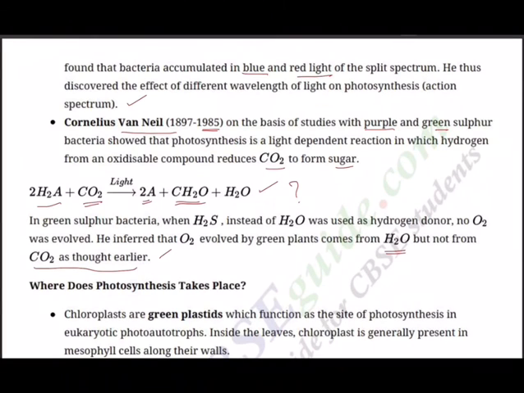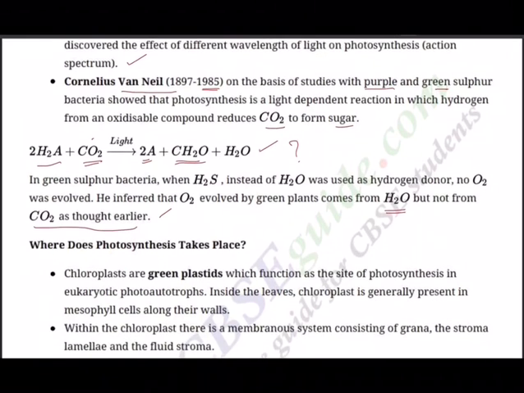So the discussion was going on. Now this experiment of Van Niel proved beyond doubt that oxygen gets released only due to splitting of water and not because of CO2. Hence, this experiment with bacteria has proved that the oxygen that gets released at the end of photosynthesis comes because of splitting of water. So this is a concluding evidence.